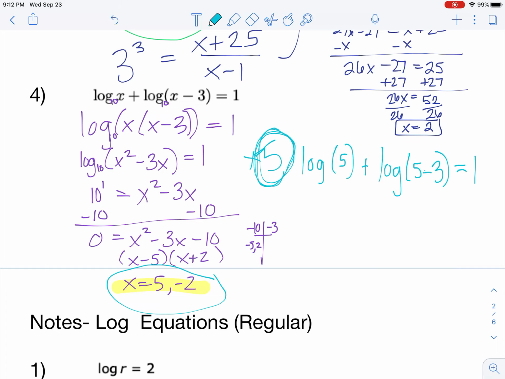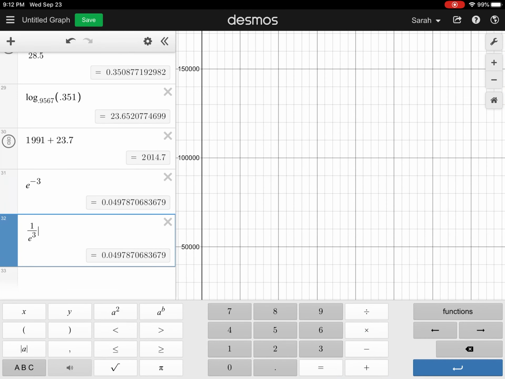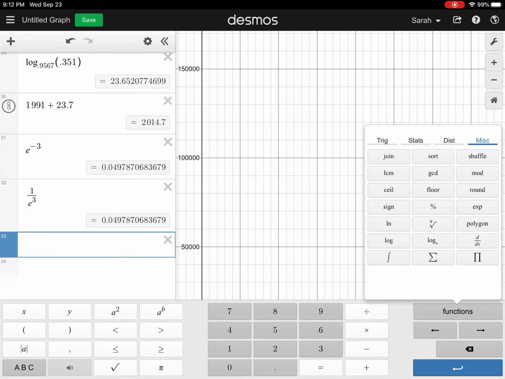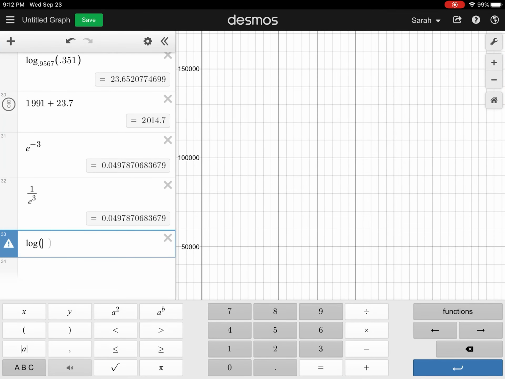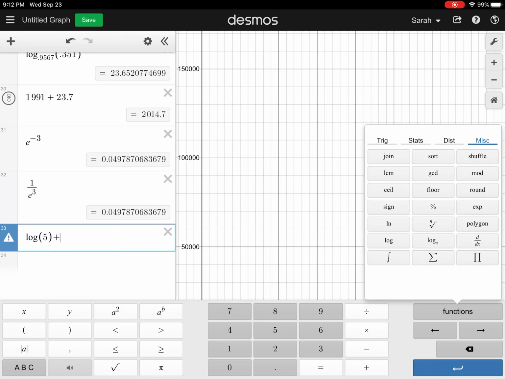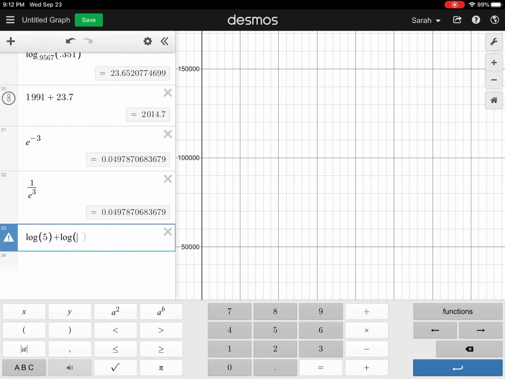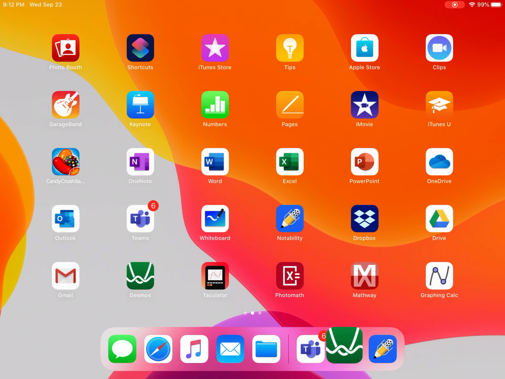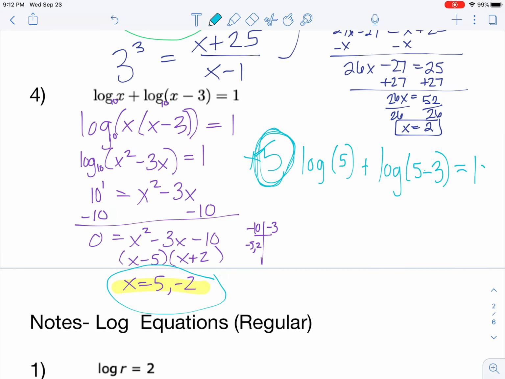Yeah, 5 minus 3 is 2. All right, log of 5 plus log of 2. And that does equal 1. So great, that is a solution. It works out. Check. Okay.